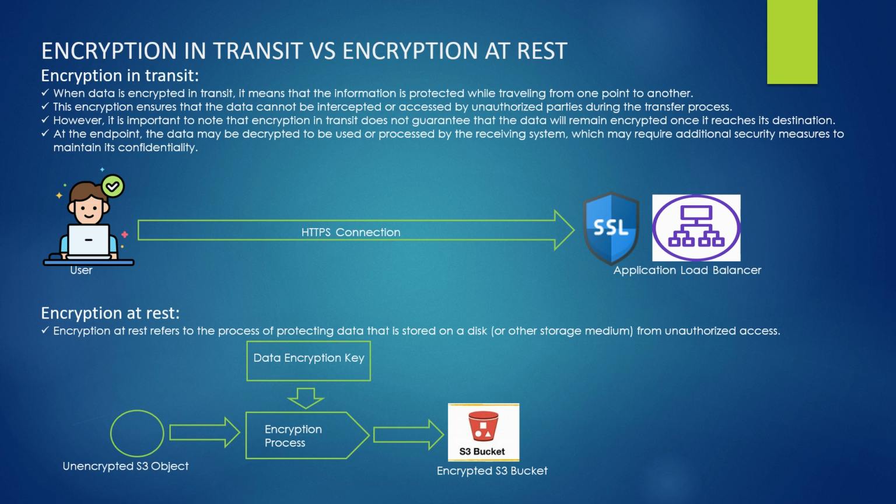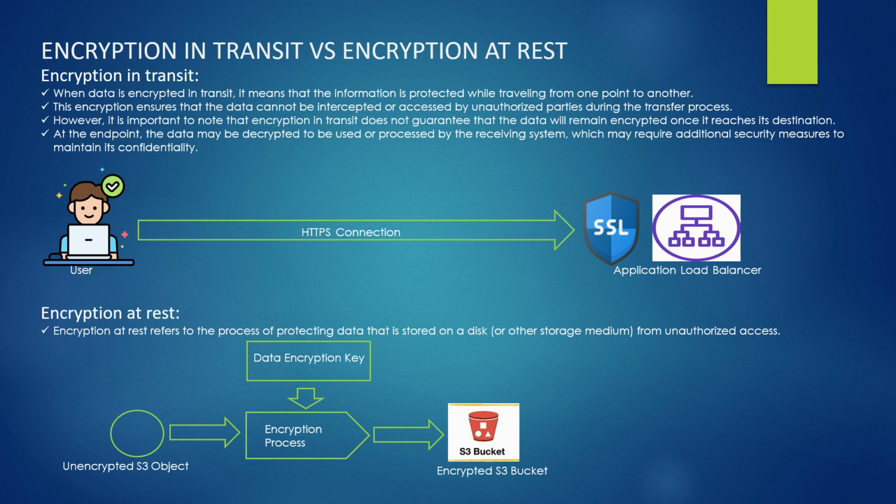Suppose you are uploading some files from your laptop to an S3 bucket using an HTTPS connection. Even though you are using encryption in transit, it does not mean that it will remain encrypted once uploaded, because at the receiver end it may be used for some processing, so it may need to be decrypted and processed.